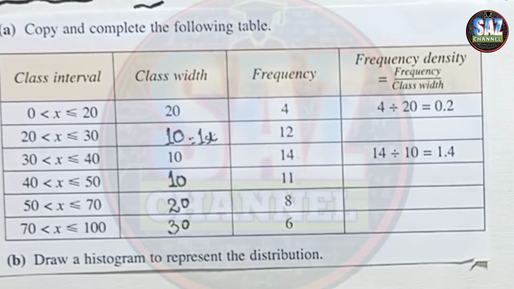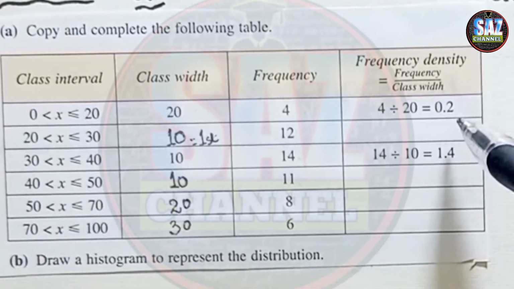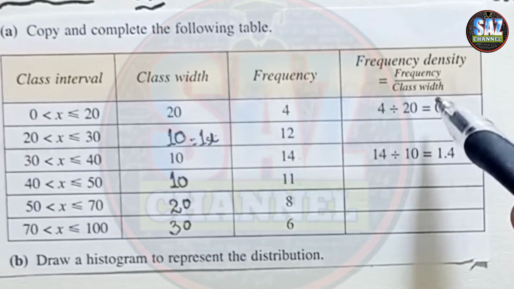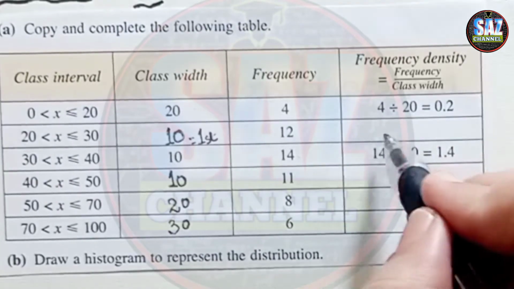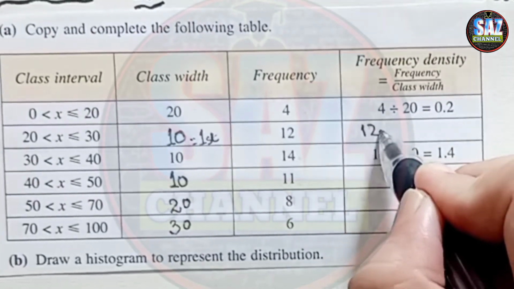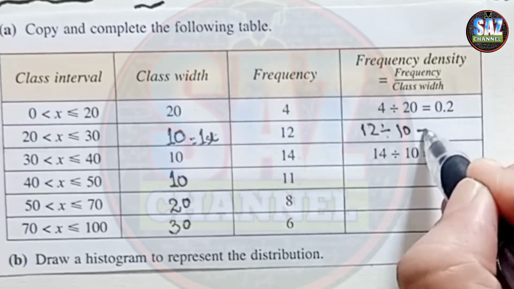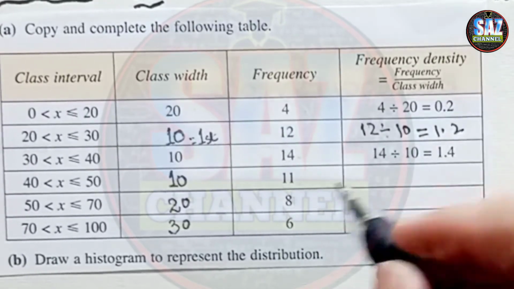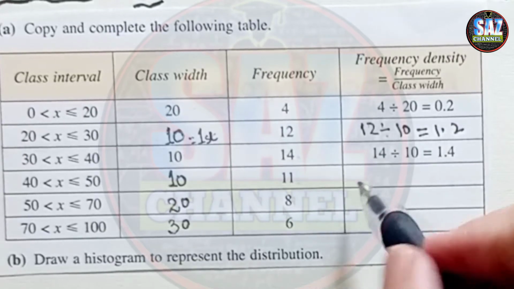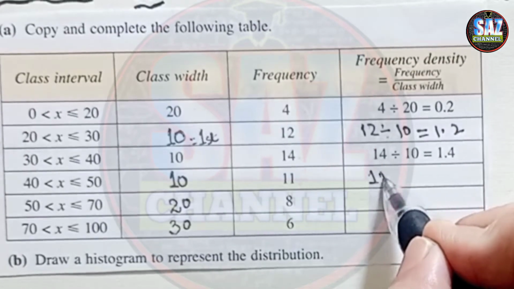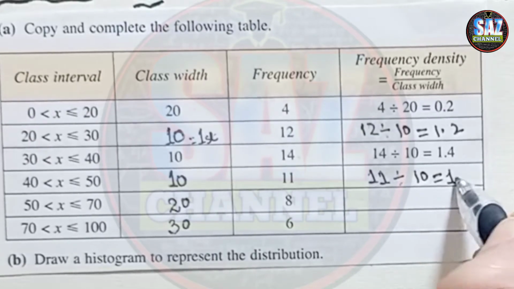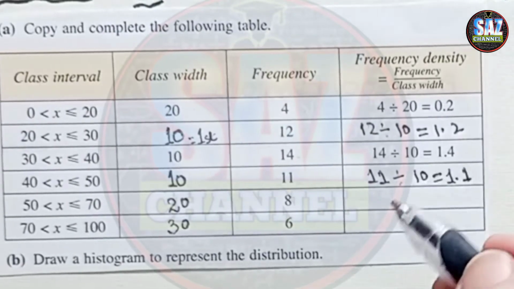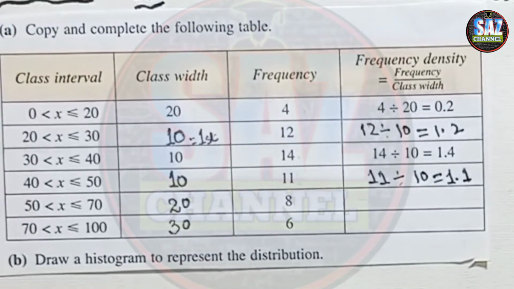And now we have to construct the new frequency column, that is frequency upon class width. So 12 divided by 10 is 1.2, and then 14 divided by 10 is already given, then 11 divided by 10, and that is 1.1, and then 8 divided by 20.